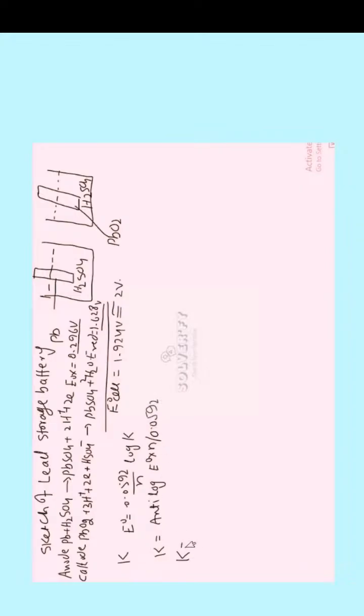Putting the values, K is equal to antilog of E naught, which is 2, where n is equal to the number of electrons lost and gained, that is also equal to 2 moles of electrons, divided by 0.0592. Calculating the value and then taking the antilog, we get the answer, that is 1 times 10 raised to the power 65.